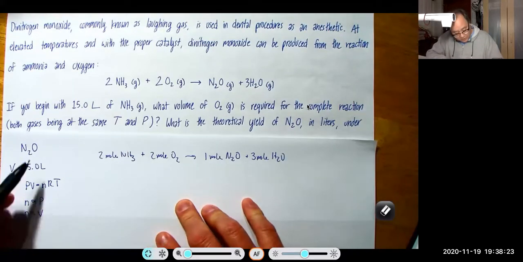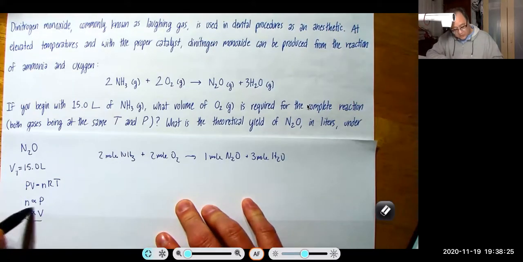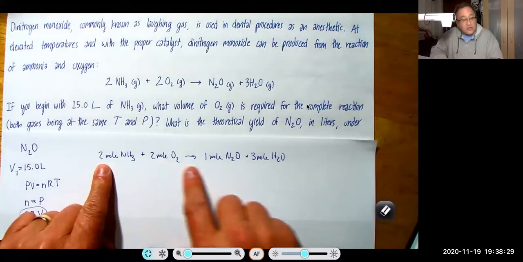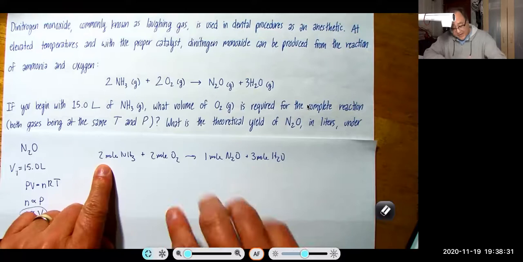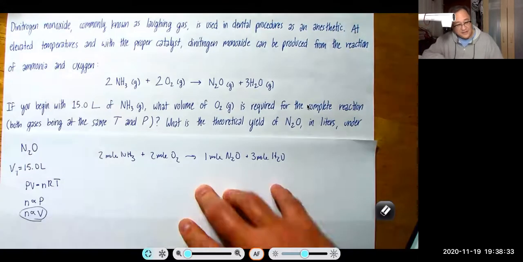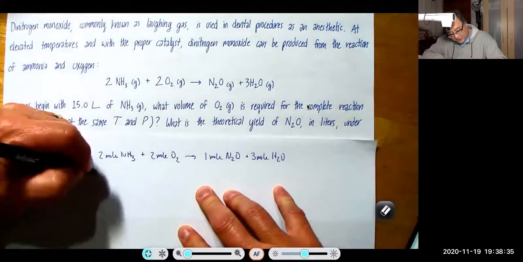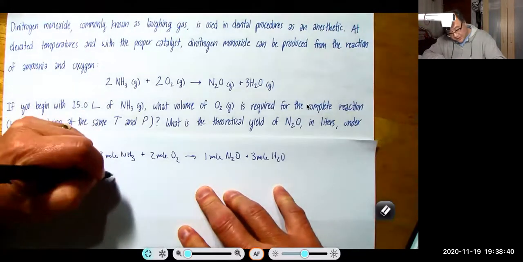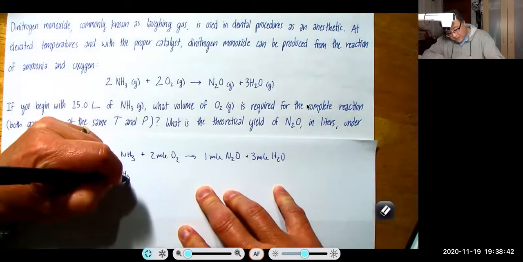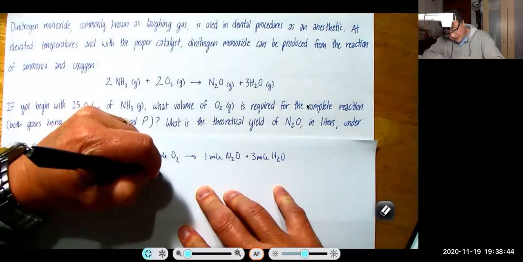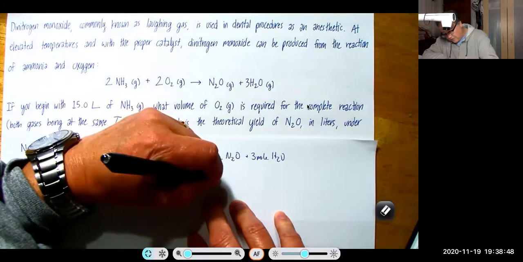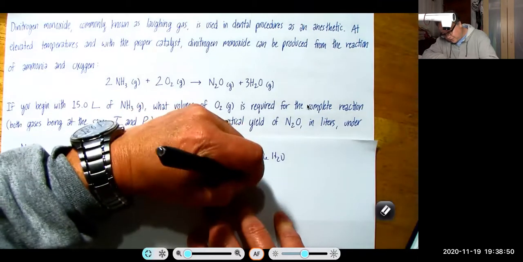So here n is proportional to V. If that's the case, and these are just ratios, I can think of this differently: 2 liters of ammonia react with 2 liters of oxygen to give you 1 liter of N2O and 3 liters of H2O.